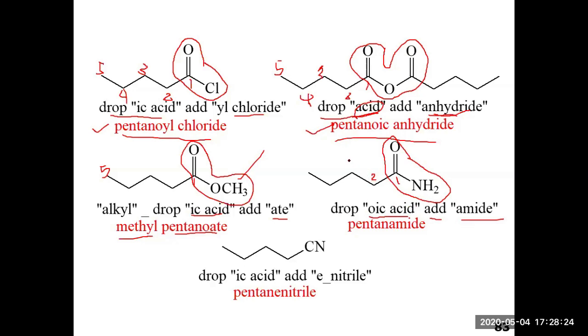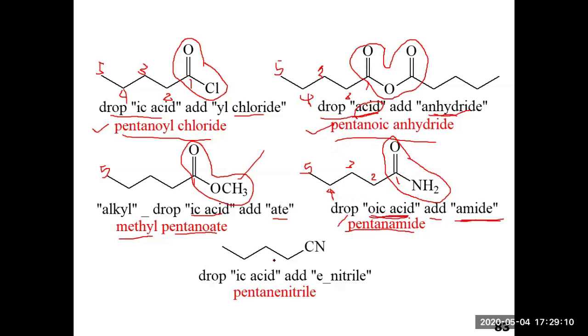That's number 2, this is carbon number 3, this is carbon number 4, and carbon number 5. If we assume that this one here is a carboxylic acid, then this is named as pentanoic acid. But because we have an amide, this is named as pentanamide. Remember, we have to drop the word oic acid and replace that with amide.